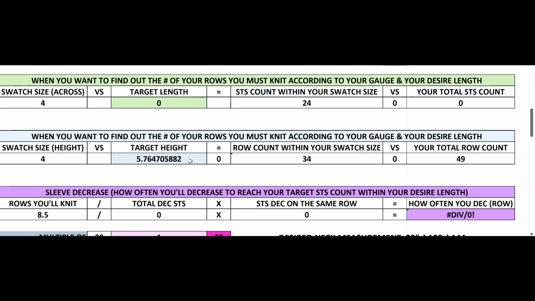Why do you have to know this number? That's because this is a top-down sweater. You don't know when to start this flower design. You don't want to start knitting the flower design way too early.